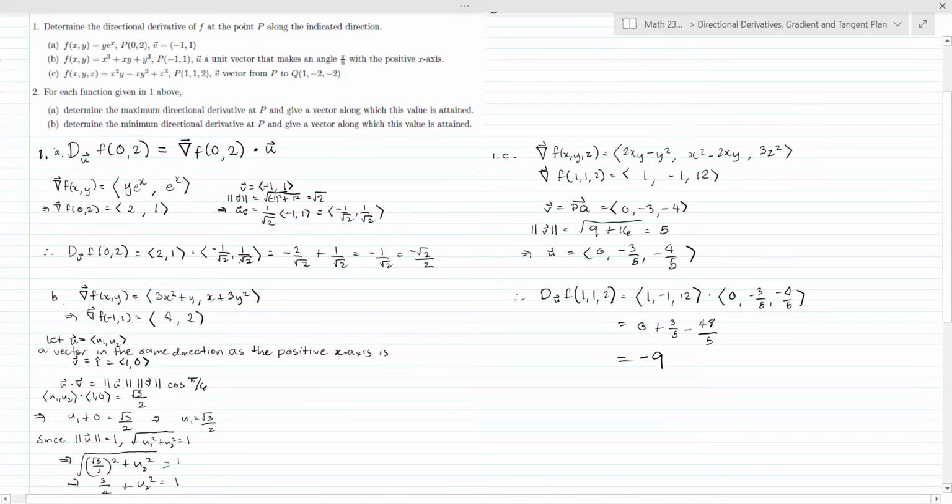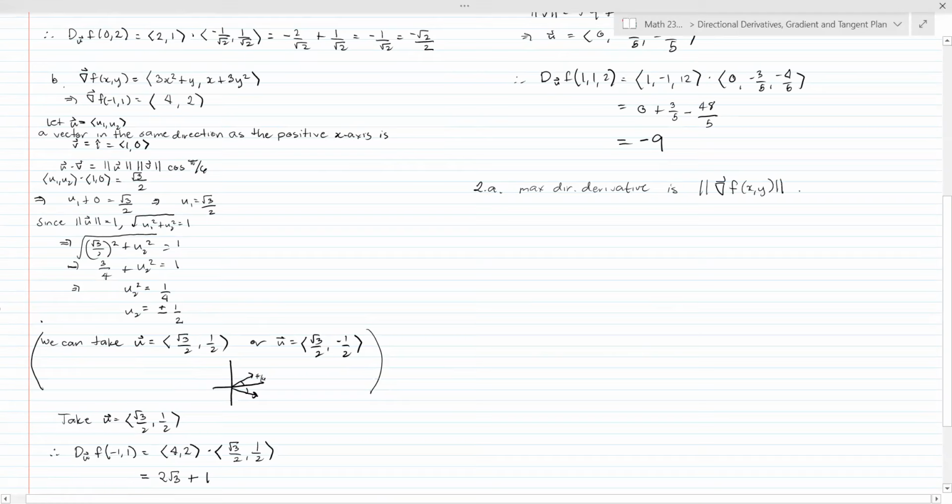So, according sa lecture video na napanood natin, merong result na ang max na makukuha nating directional derivative is given by the norm ng gradient along direction din ng gradient, same direction.